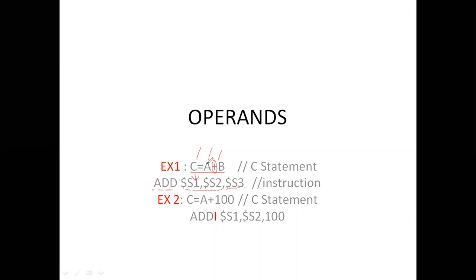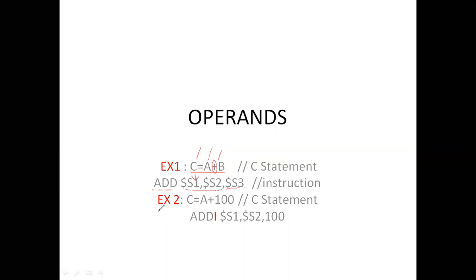It is represented by the S2. S3 is the register operand. It is used to represent the variable B. So it is nothing but S1, that is equal to S2 plus S3. So here we can say S1, S2, S3. These are the operands of the instruction. Add is the opcode.